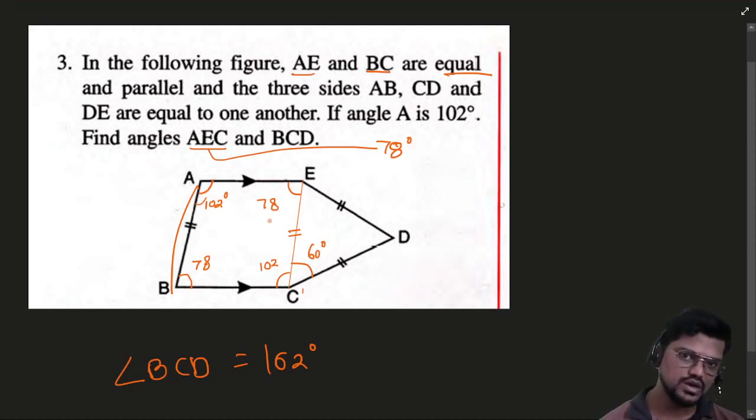This will be 102 and this will be 78. After that, since ABCE is a parallelogram, therefore AB will be equal to EC. Since AB is equal to EC and it is already given that AB is equal to ED and CD, therefore this is an equilateral triangle. Now once it is an equilateral triangle, this will be 60 degree, and therefore the angle BCD will be 162. Understood? Yeah. Next.